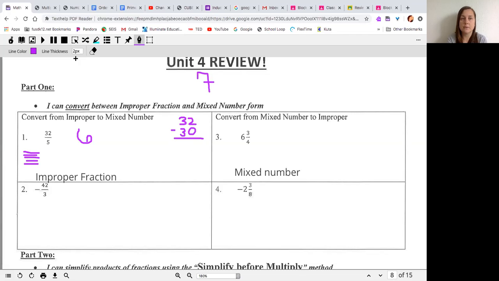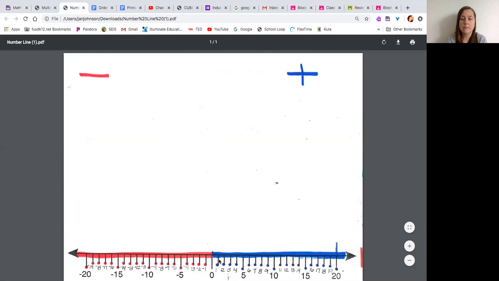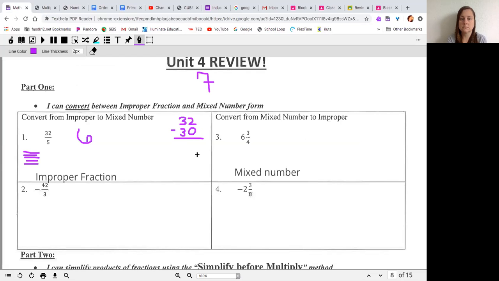2 minus 0 is 2. It does not move anywhere on the number line. And 3 minus 3 is 0. So I would have 2 left over. Let's remember that the denominator does not change when we are converting between improper fractions and mixed numbers.